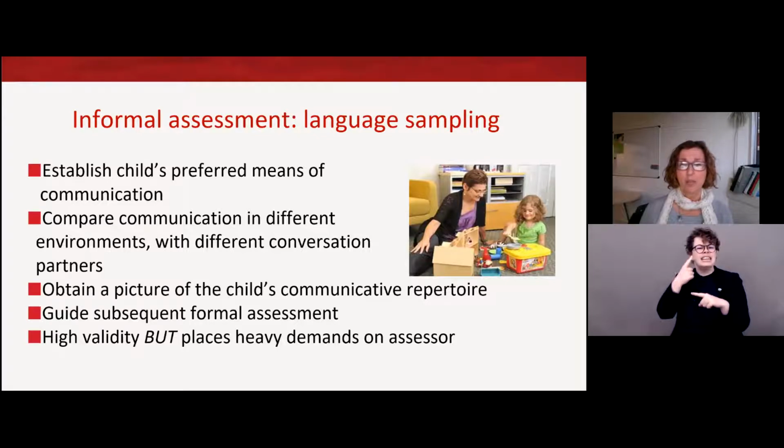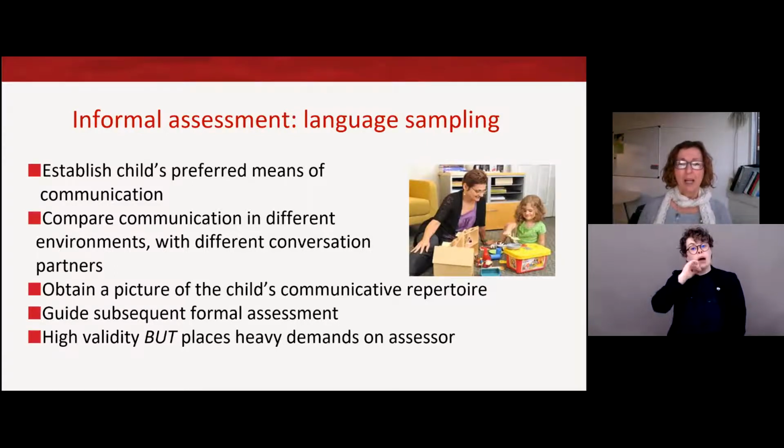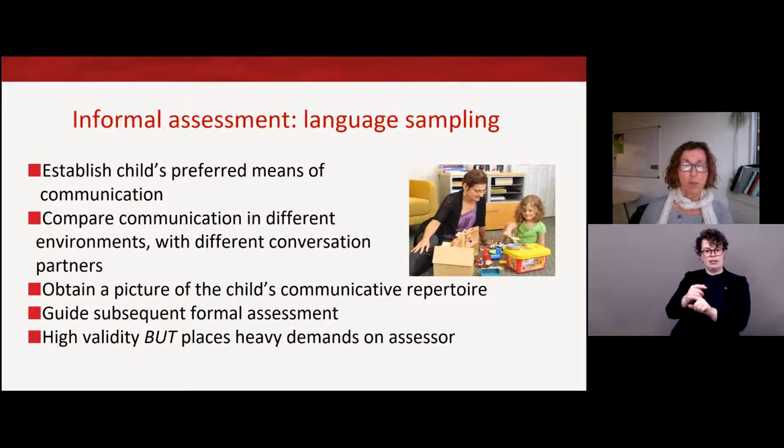This is really important because, having said that deaf children's language input is variable, if we only sample their communication in one particular setting, we might miss a richness in terms of how they adapt their communication to different communication partners. So it is very important to consider in the assessment process a range of different communication settings for deaf children. So informal assessment allows you to sample, if you like, the range of the child's communicative repertoire.